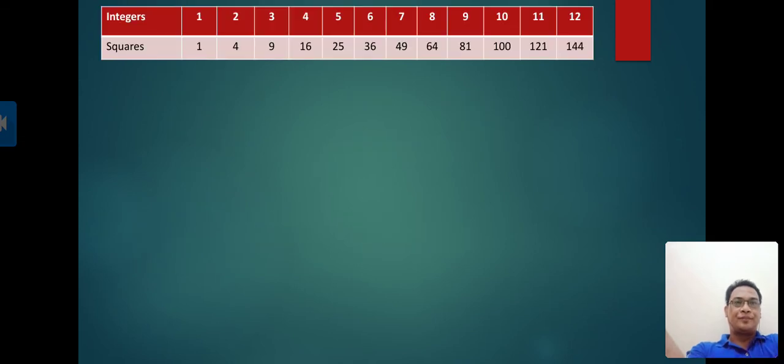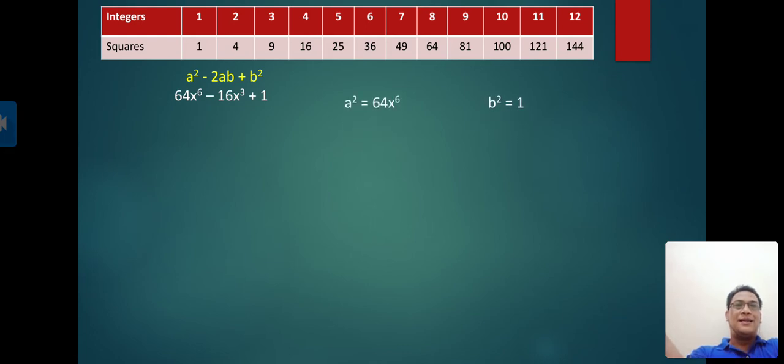Next. So let me have 64x raised to 6 minus 16x cubed plus 1. Okay? So we have here a squared equal to 64x raised to 6 and b squared equal to 1. Again, let me clarify this. This is your third term. So that is your parenthesis squared.